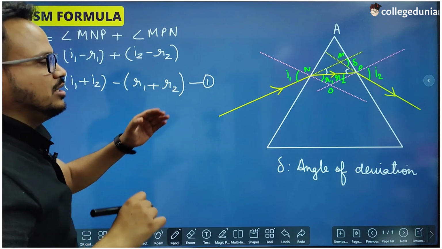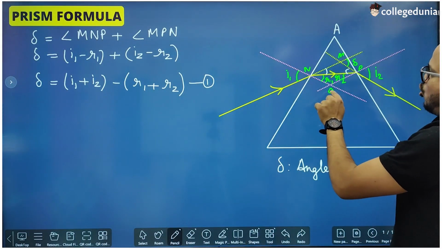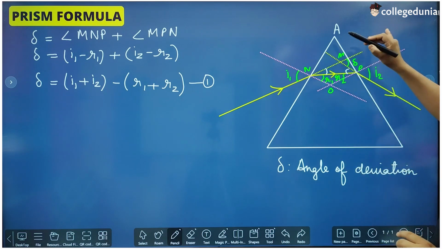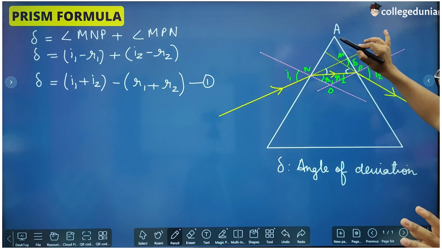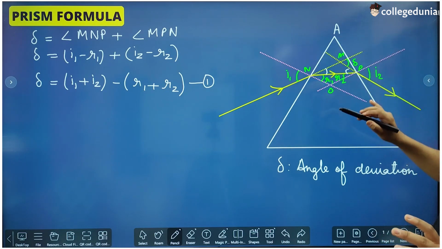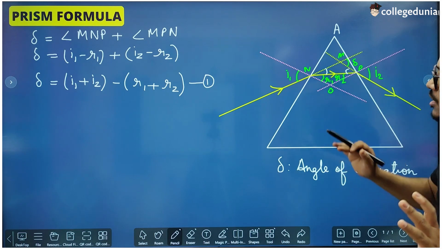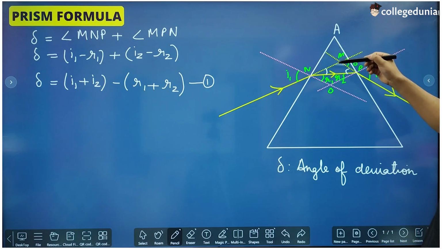Now in quadrilateral, look carefully, in quadrilateral ANOP, these two angles ANO and APO, the sum of these two angles is 180 degree because both of them are 90. So obviously then the sum of the other two angles will also be 180 degree.